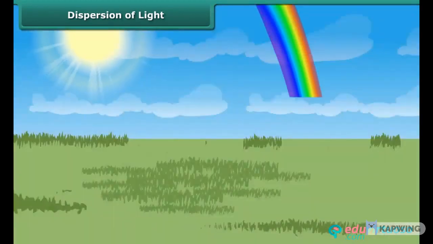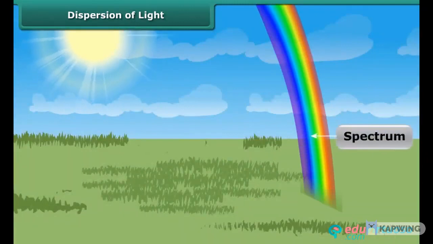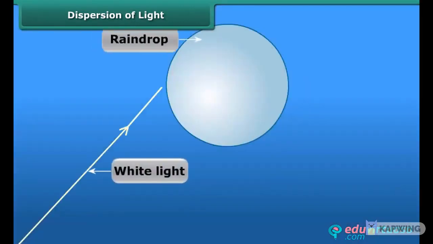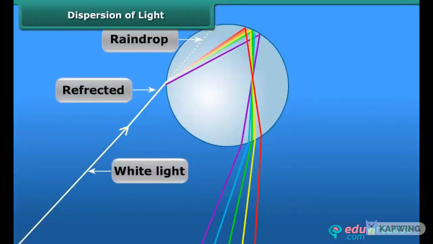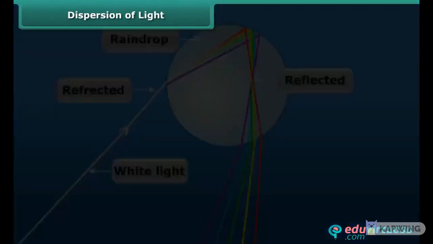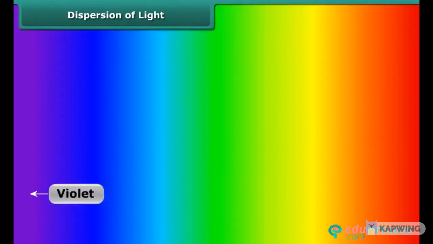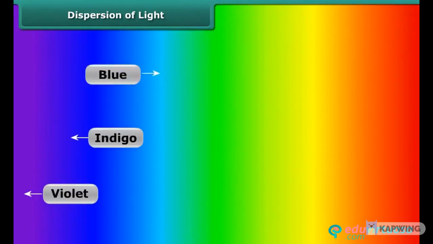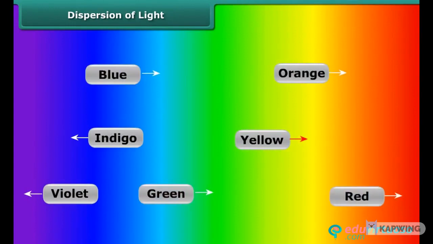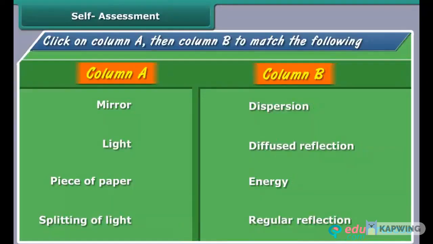Coming back to the rainbow, we can now say that the dispersion of white light passing through the water droplets formed the rainbow. The colors can be seen in the following order: violet, indigo, blue, green, yellow, orange, and red or VIBGYOR. Students, you have to match items under column A with items under column B.